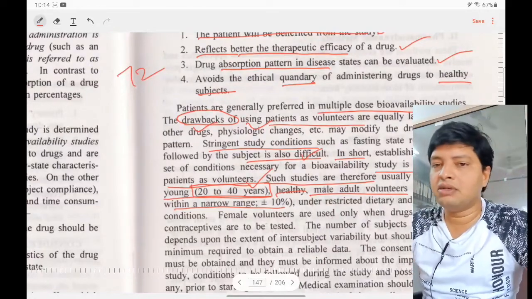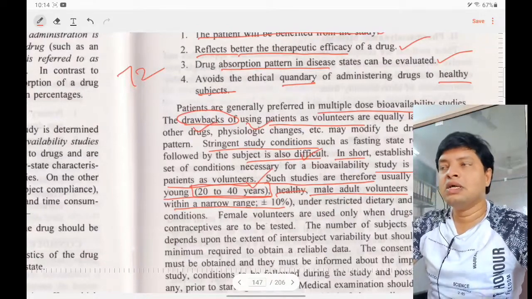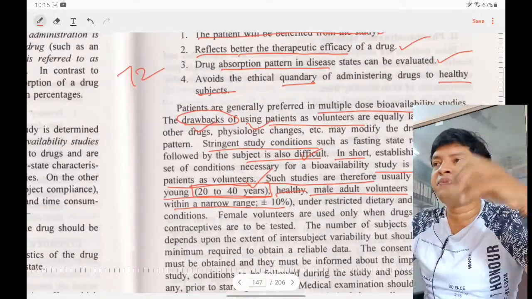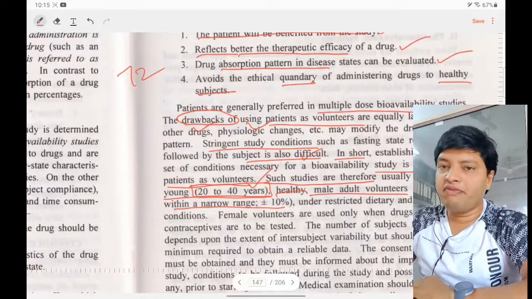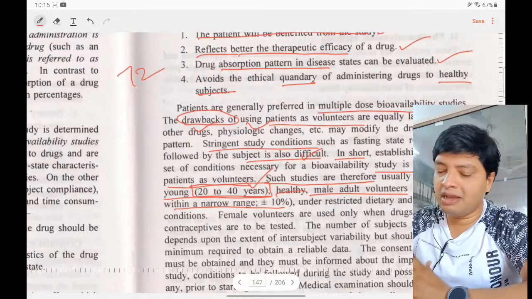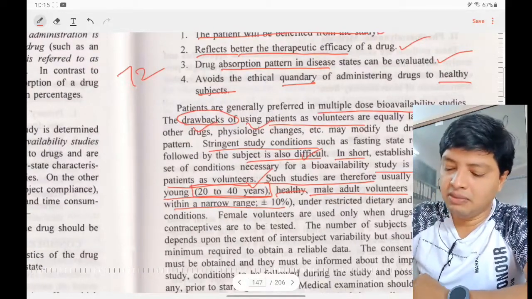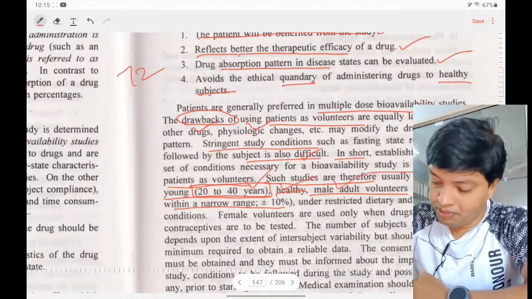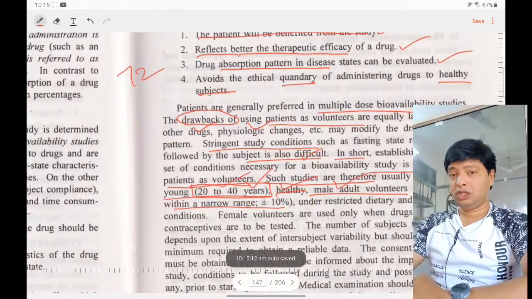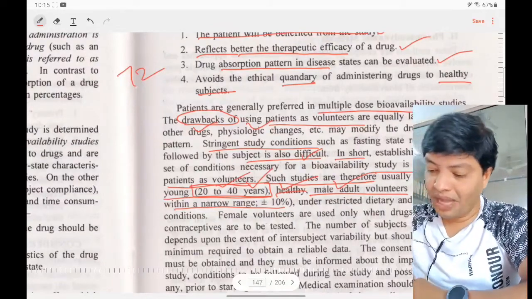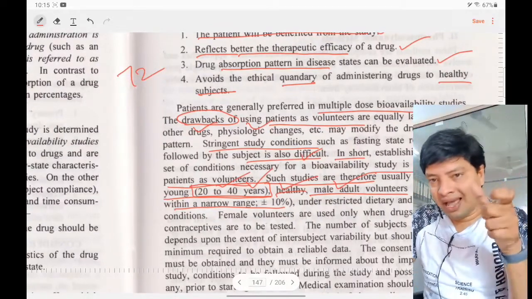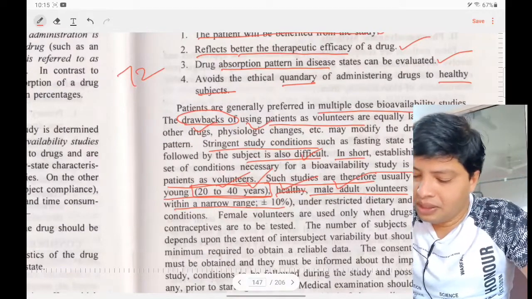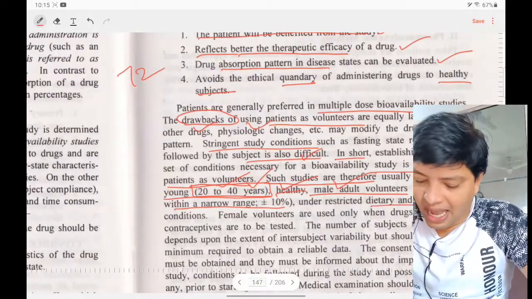So if the body weight is, say, 72, then plus or minus 10 is the narrow range they will be considering. Taking patients is good, but because there are so many problems if you take patients directly, this type of study is generally conducted on healthy male volunteers, 20 to 40 years age group, with a body weight within a narrow range of plus or minus 10, under strict dietary and fixed activity conditions.